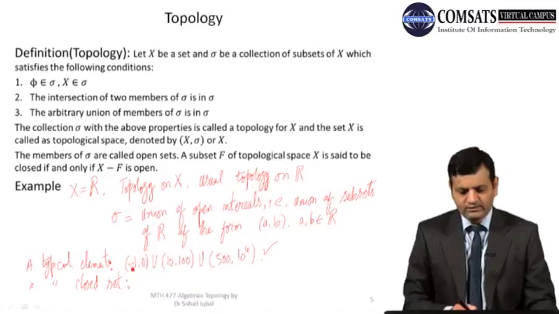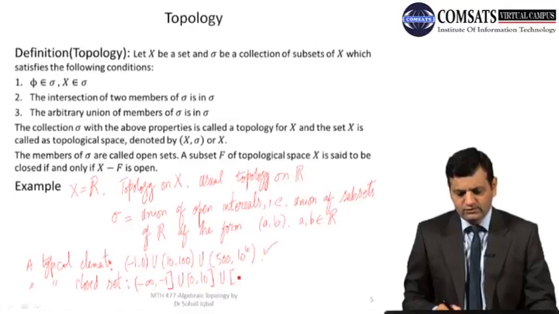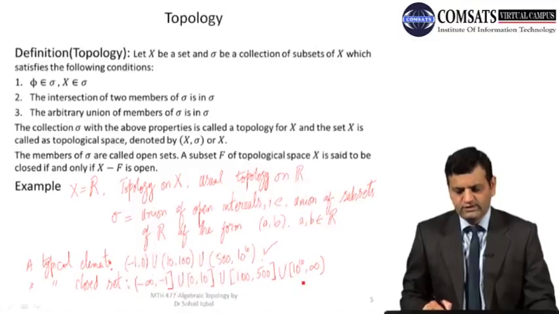So let's see. What is the complement of this? The complement of this is (-infinity, -1] union [0, 10] union [100, 500] union [10^10, infinity).